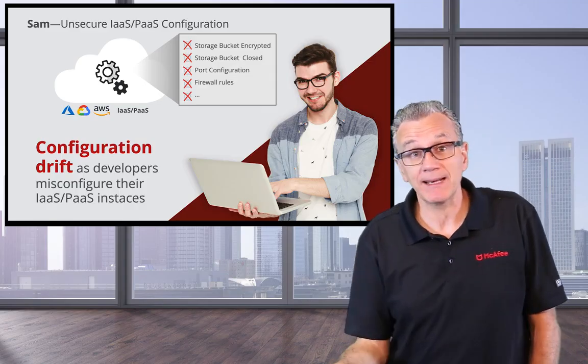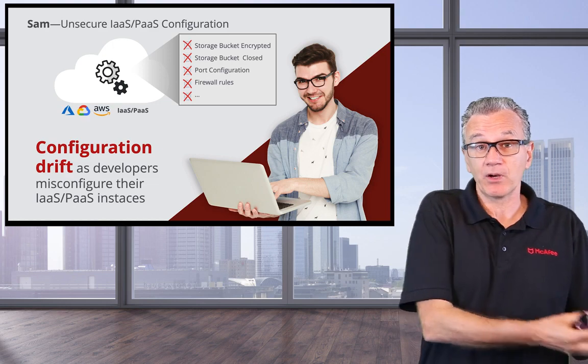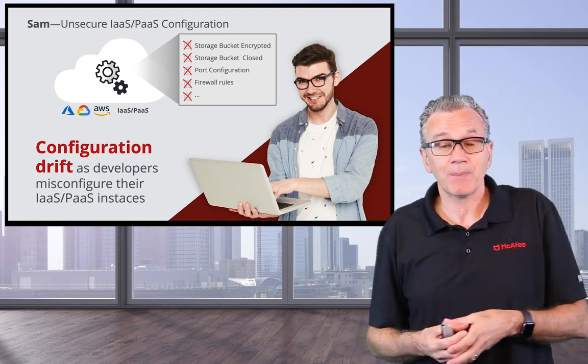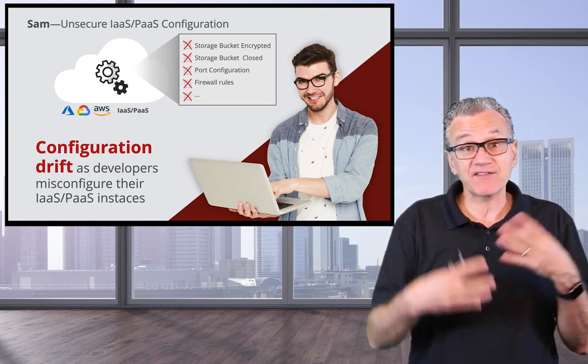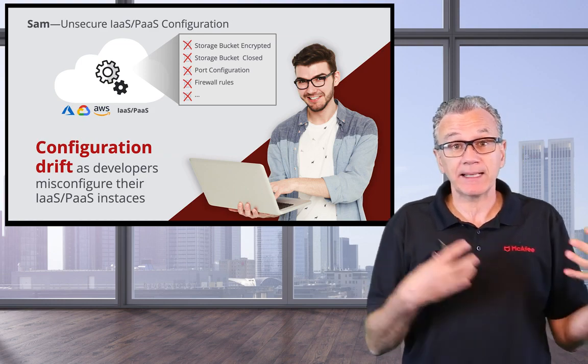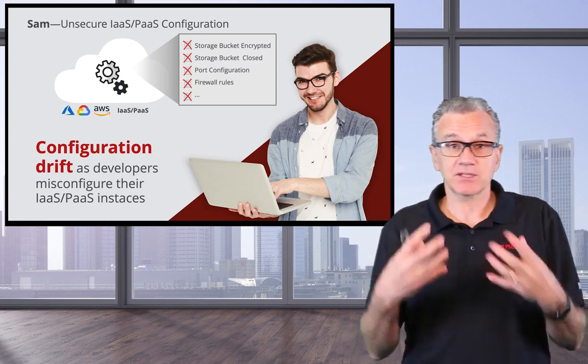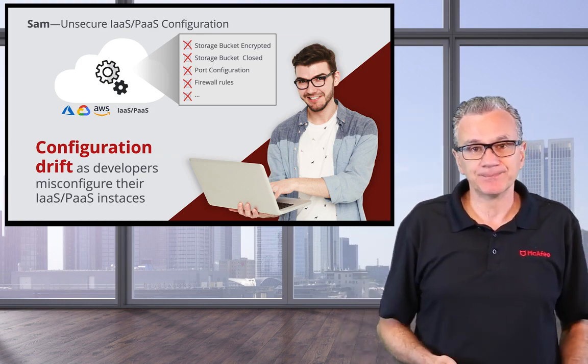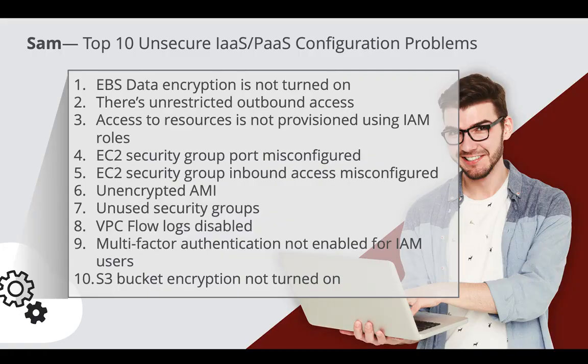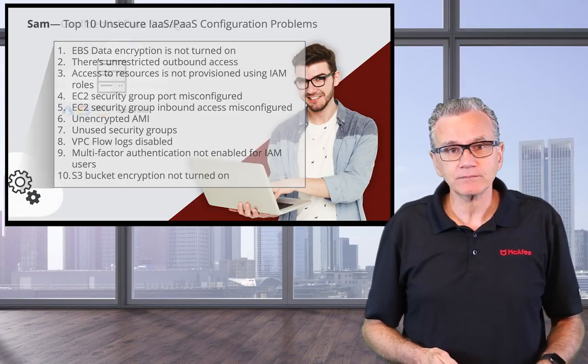For example, you may leave an S3 bucket open on AWS or a storage bucket open on Azure, or may leave some ports open that leave the system open to attacks. These are some of the top configuration settings that developers can get in trouble with, but there are literally hundreds of parameters that may leave the system unsecure.